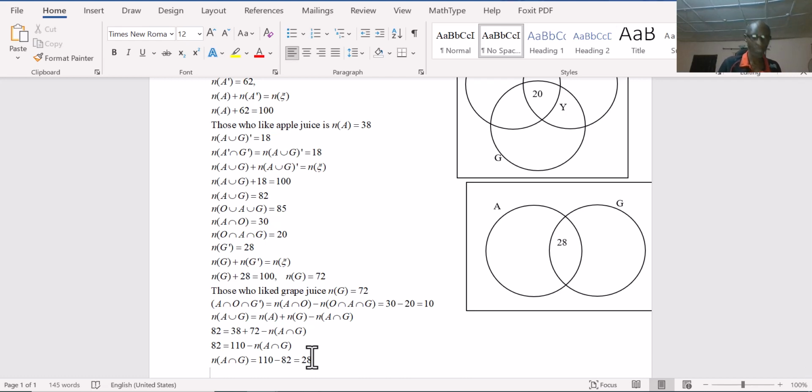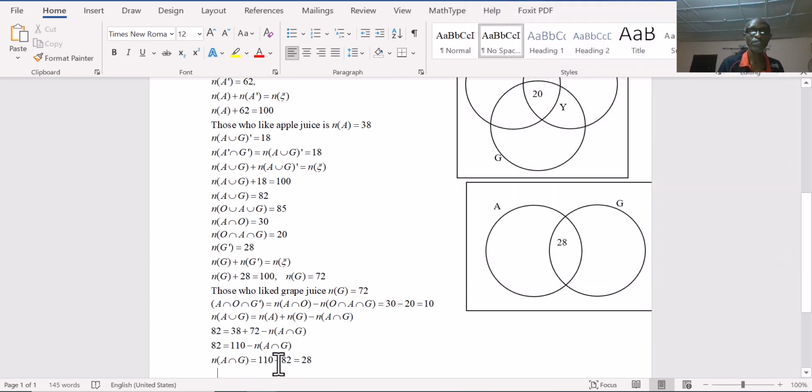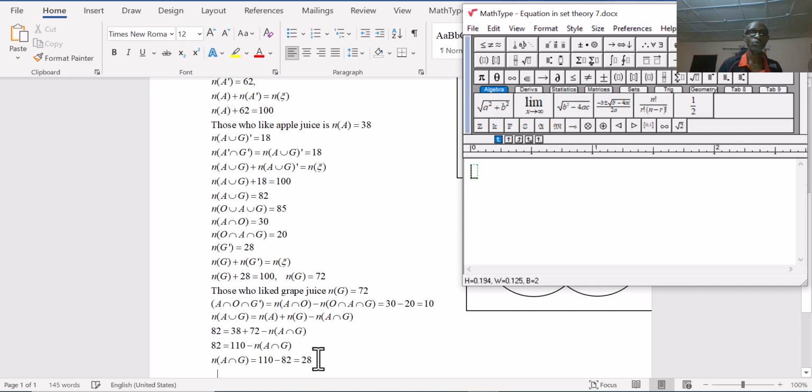So we now have A intersection G, let me close this. So we have been able to find our A intersection G as 28. So don't worry.